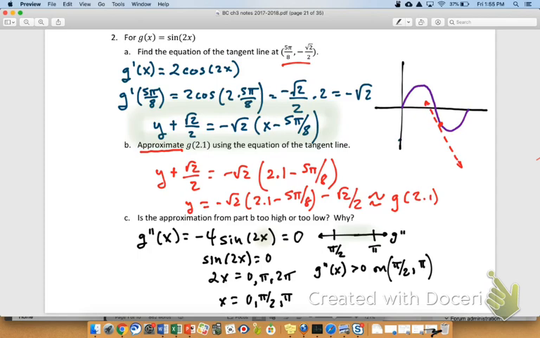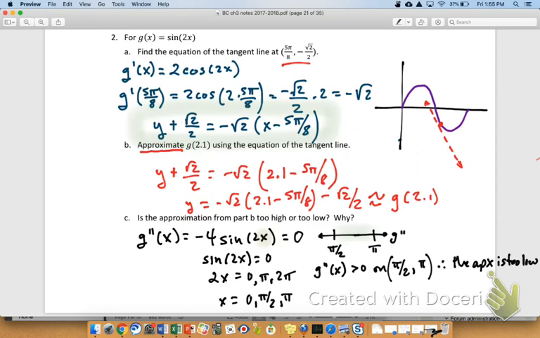If g is concave up, which confirms that the purple graph is accurate for the most part, that means my approximation is indeed too low. So if you can prove that the second derivative is positive on the interval that we care about, we can say therefore the approximation is too low.